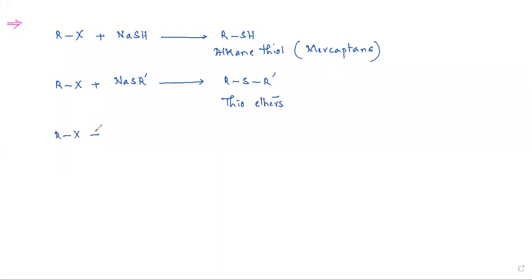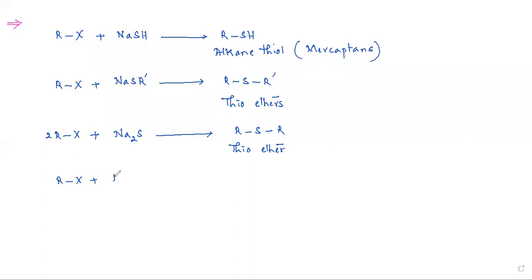Now with sodium sulfide, let us take 2 molecules of this. Even in this case also we get thioether. Okay.